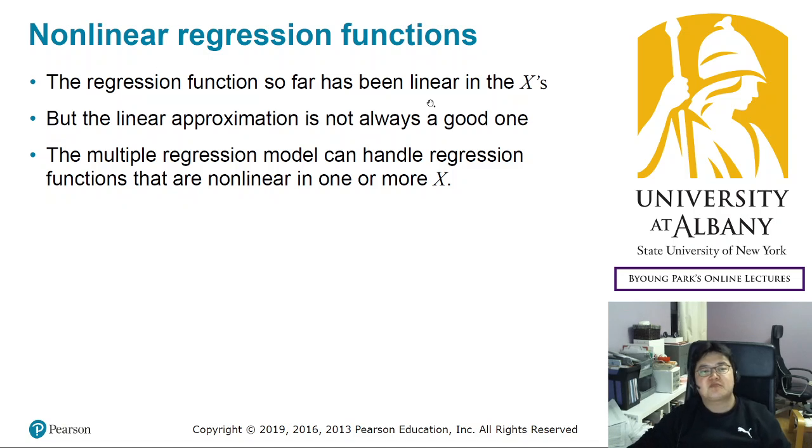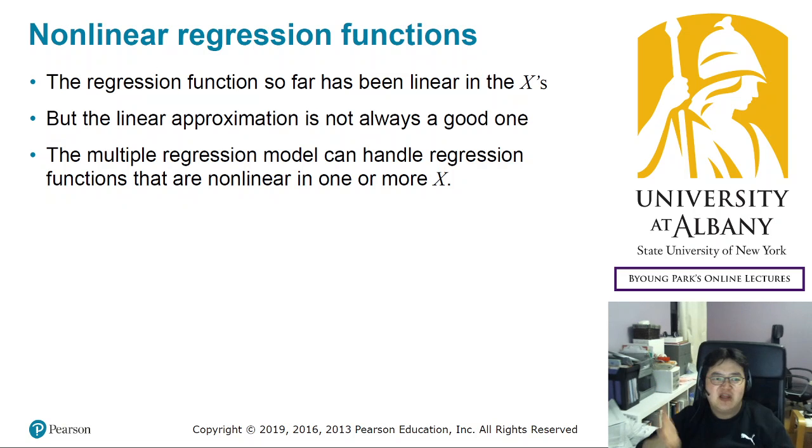So we assume that the regression function is linear in the regressors, which is a very powerful simplifying assumption. Because of the linear assumption, the estimation is simple, the presentation is simple, and the interpretation is simple.